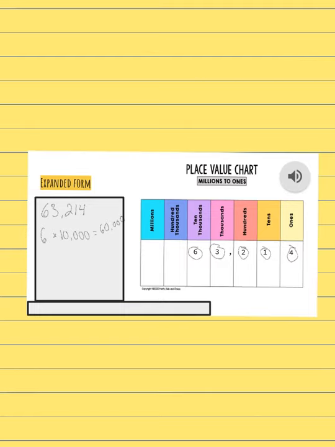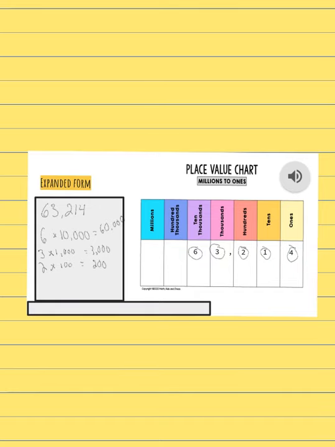So that's 60,000 right there. The next one is 3 in the thousands place. So that's 3 copies of 1,000, 3 times 1,000, which is equal to 3,000. Then you've got 2 in the hundreds place, which is 2 times 100. And that is equal to 200.